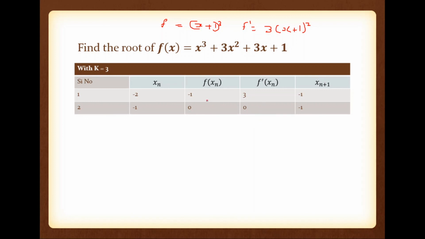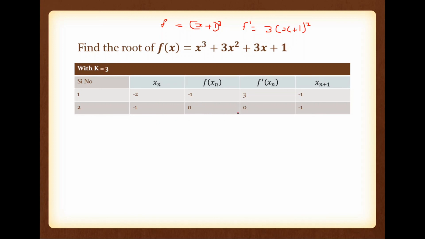So as f of xn is 0, then xn plus 1 is minus 1. We have division by 0. Problem is that, but that one is understood. So if you have an algorithm at this particular situation, the algorithm may not give answer due to this division by 0. But theoretically, if you are writing an algorithm, if f of xn is 0, xn plus 1 is xn.